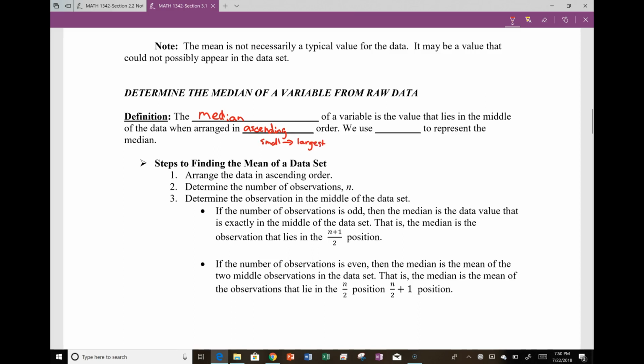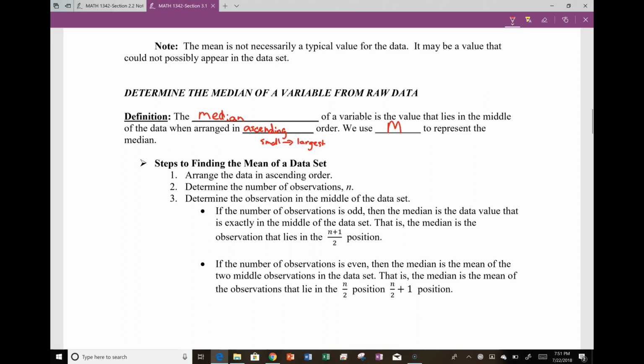That's what ascending means. We are increasing, ascending up a side of a mountain. We use just a capital M to represent median, and it doesn't matter whether it is population or sample. We use a capital M for it.